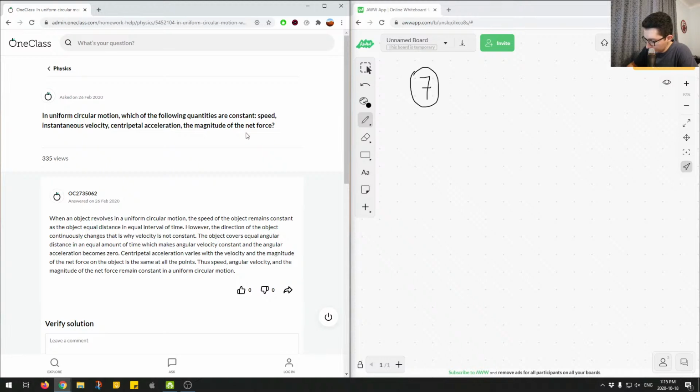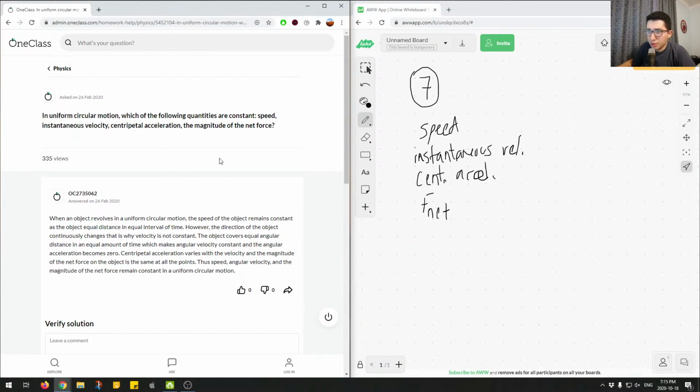Speed is our first one. Then we have instantaneous velocity. And then we have centripetal, I'll just write short form, acceleration, and magnitude of net force. We'll just call this F net.